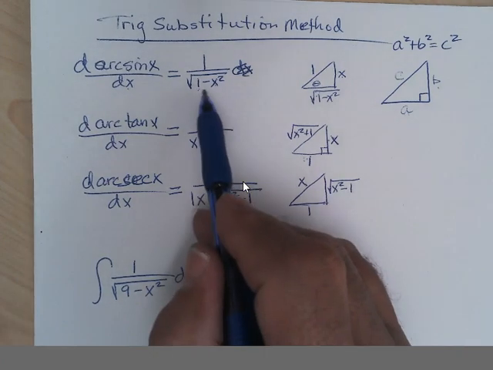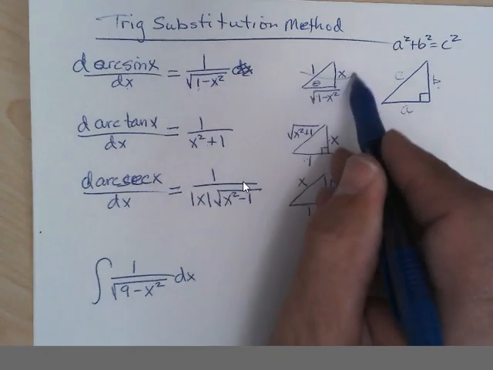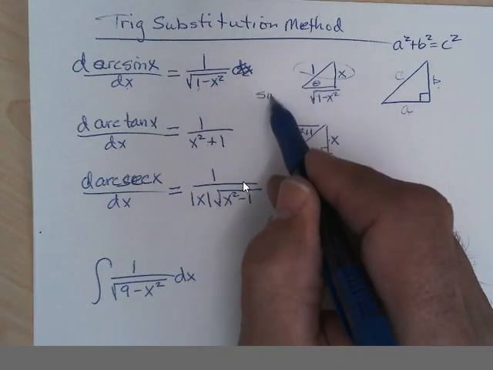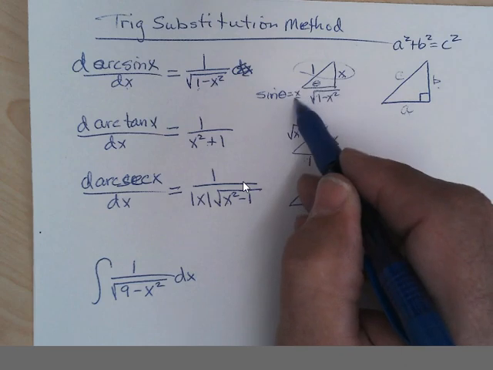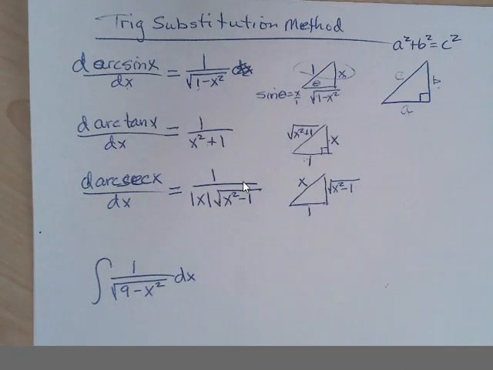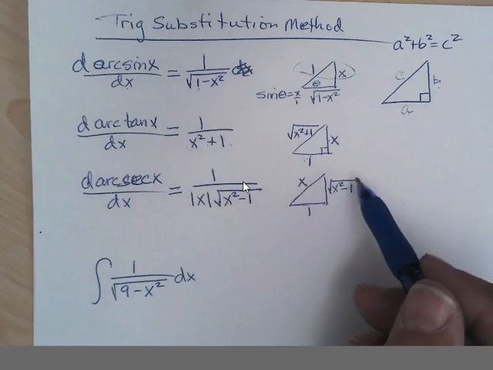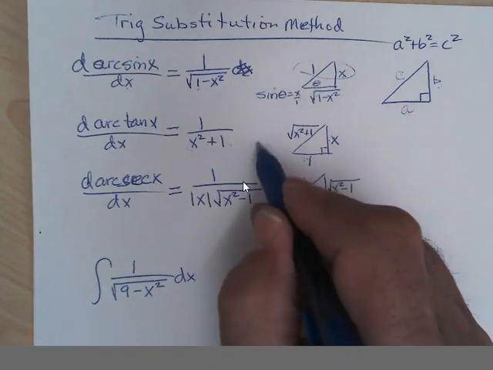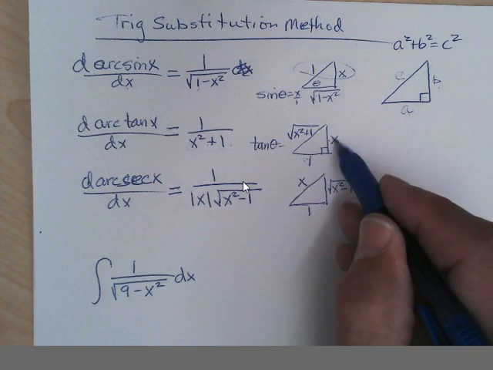So if I'm trying to get something like this, my substitution would be sine of theta is x over 1. If I was trying to get something that looked like this, my substitution would be tangent of theta is x over 1.